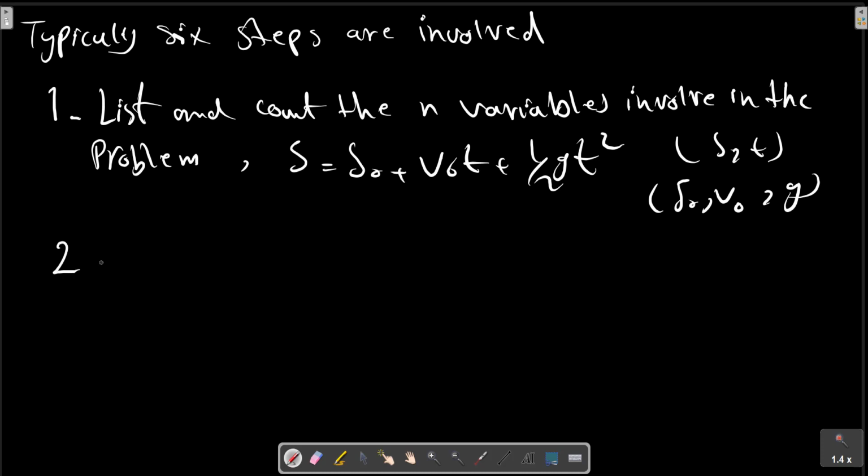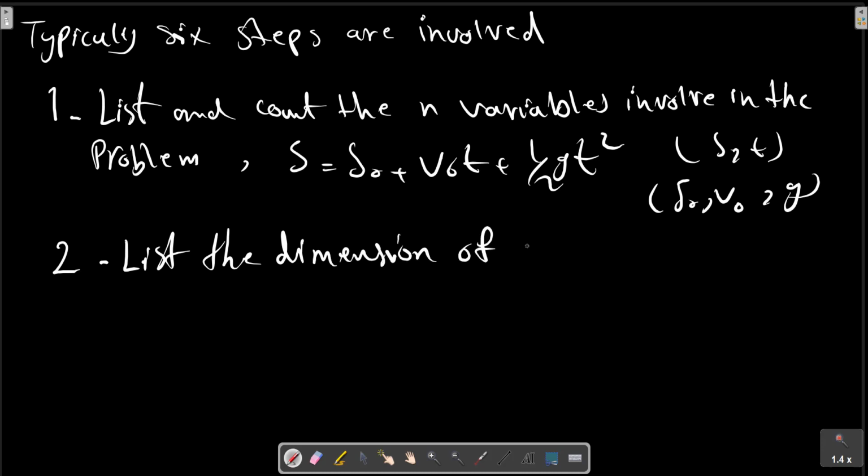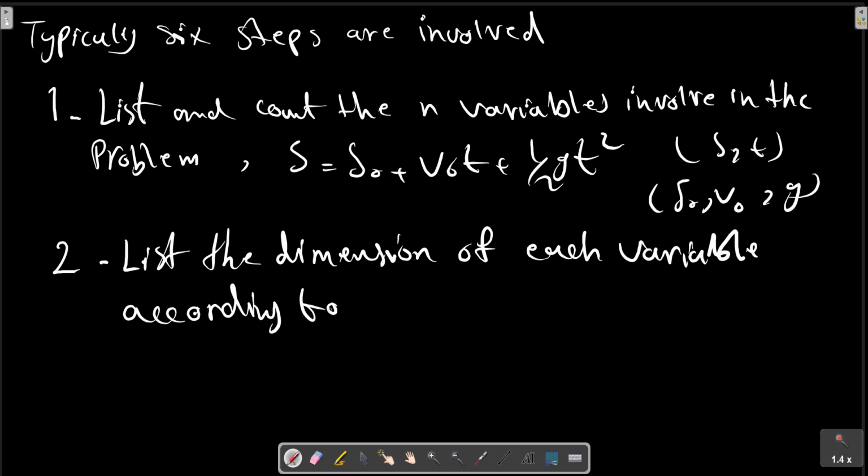The second step is to list the dimensions of each variable according to MLT theta and FLT theta also.